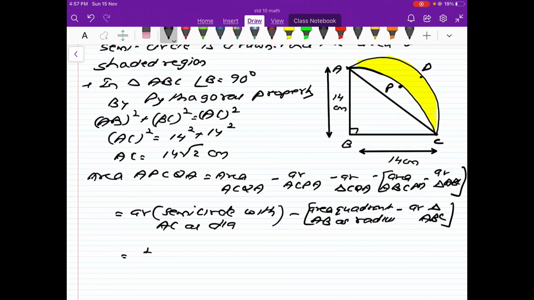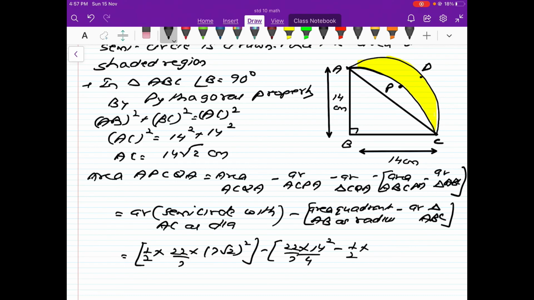So we'll just put the values in square brackets. Area of semicircle means half into 22 by 7 into 7 root 2 square minus, now quadrant means it is 22 by 7 into 14 square upon 4 minus area of triangle is half into base into height.